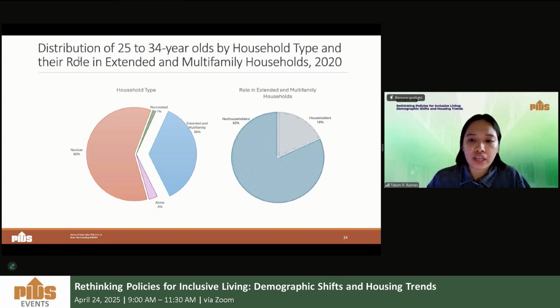And out of that subset, only around 18% were householders. So this tells us that there were already many of the young adults living in the extended and multifamily household type, and also that they may not have the capacity to become householders, or may not be able to afford their own housing, which is why they joined this household type. Next slide, please.